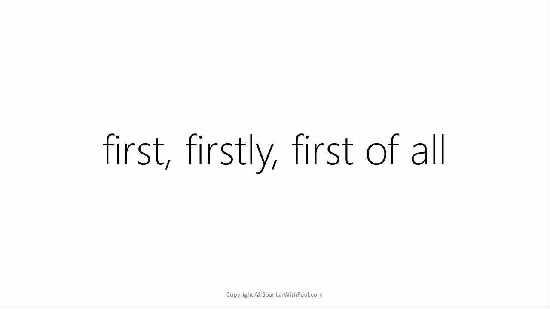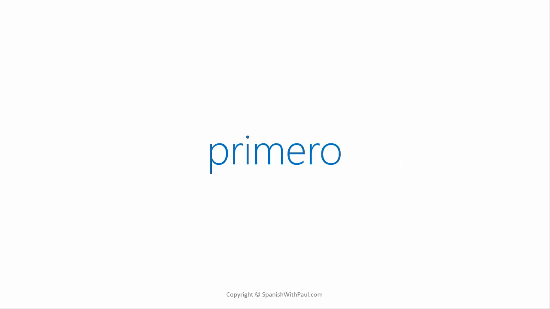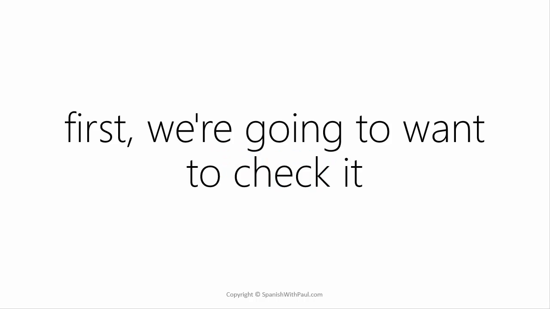To express something like first or firstly or first of all, that is expressed with primero. Primero means first, firstly, or first of all. For example, try to say, first, we're going to want to check it.